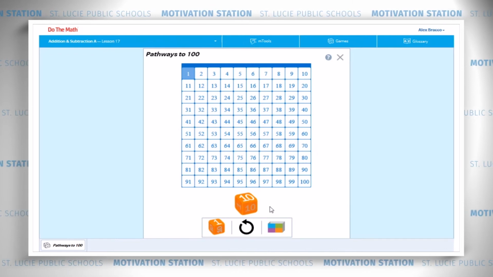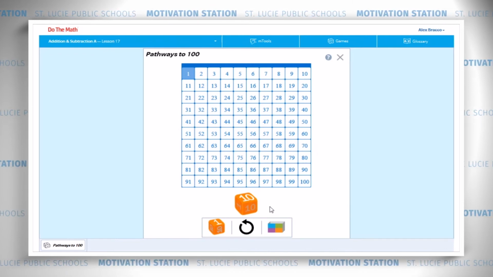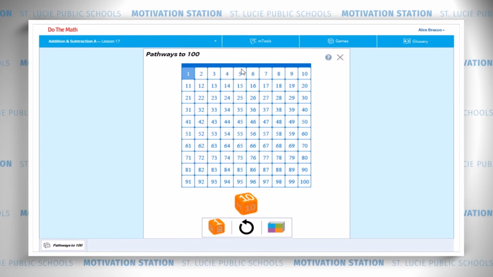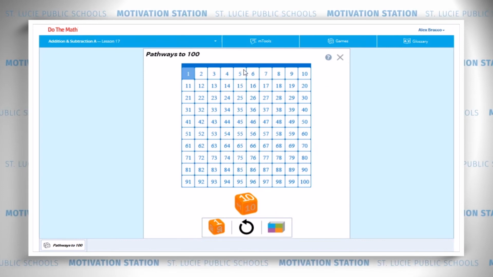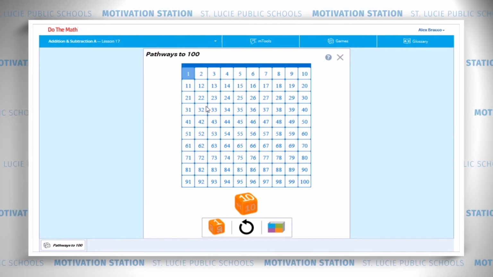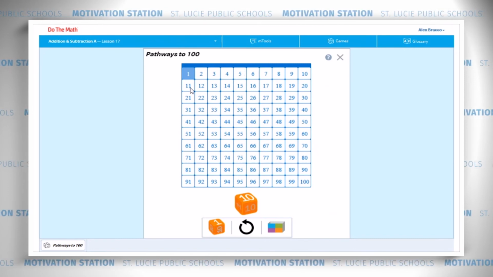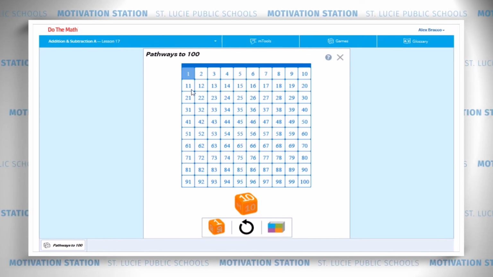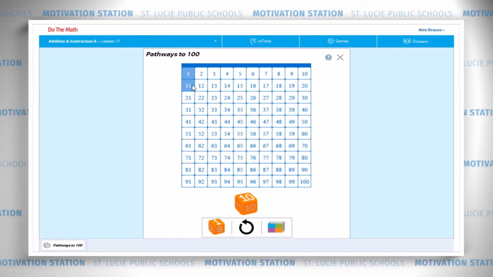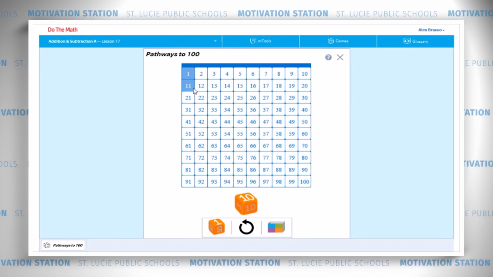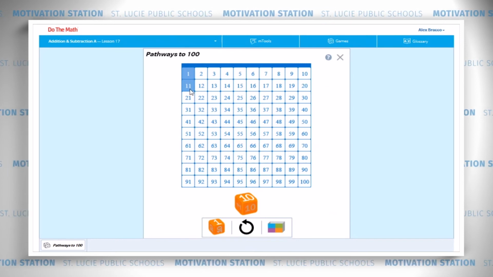And using the strategies that we worked on, either the pocket chart, counting on, or splitting 10s and 1s, I know that 1 plus 10 equals 11. So I'm going to click on 11. Click on 11. And so I know 1 plus 10 is 11.